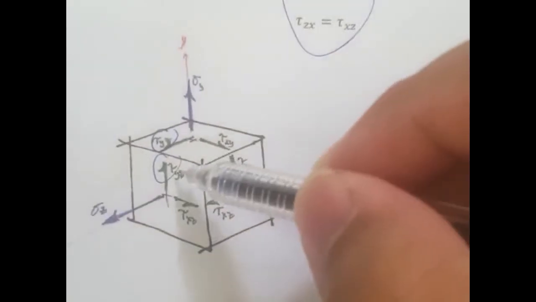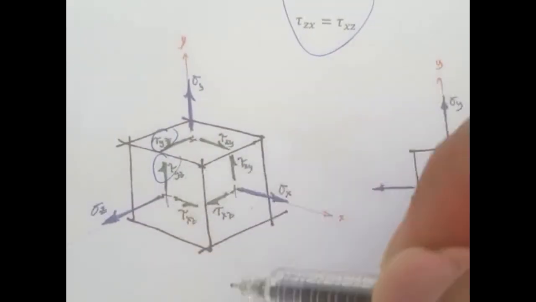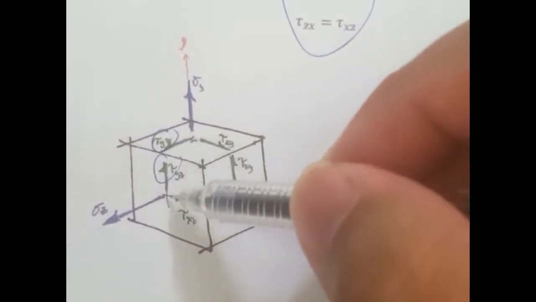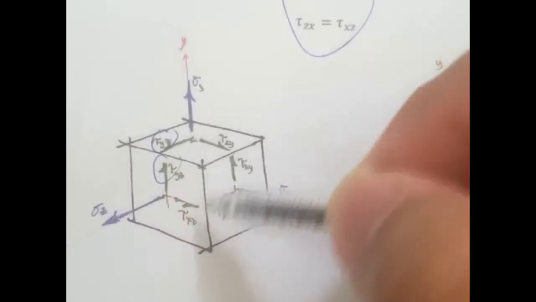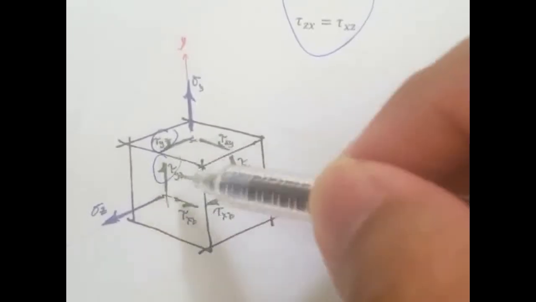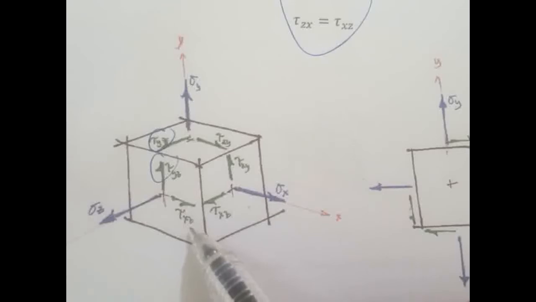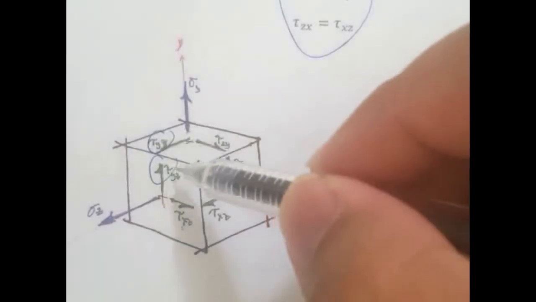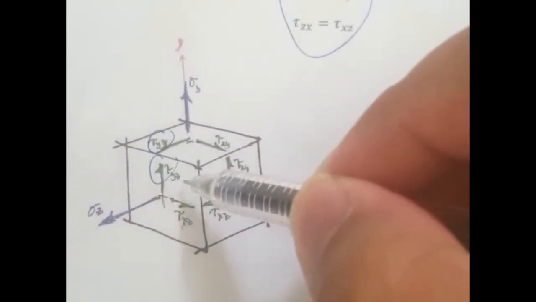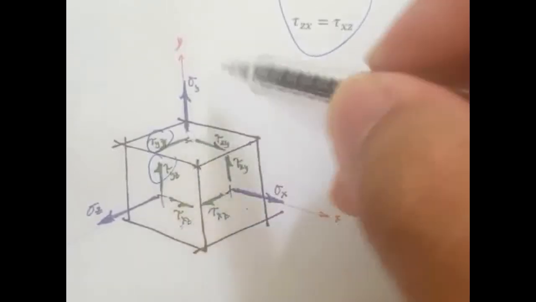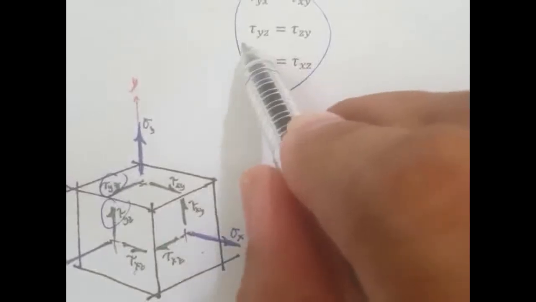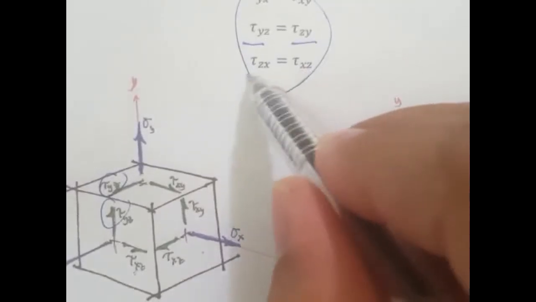You would notice here that we have shear stress YZ, which is the shear stress in the direction of Y, but in the plane that is perpendicular to Z. This one is the shear stress in the direction of X, but in the plane perpendicular to Z. He derived that shear YZ is equal to shear ZY, and shear XZ is equal to shear ZX.